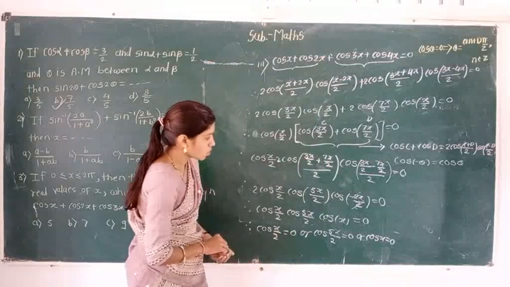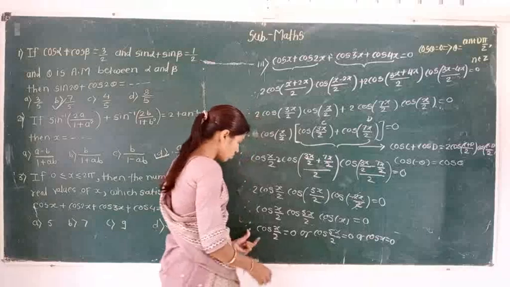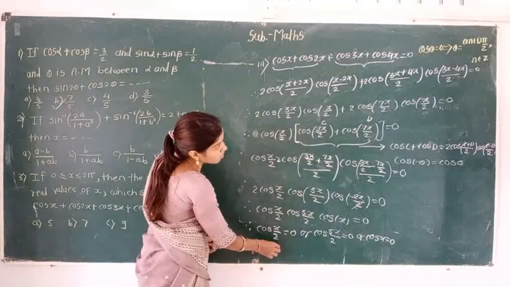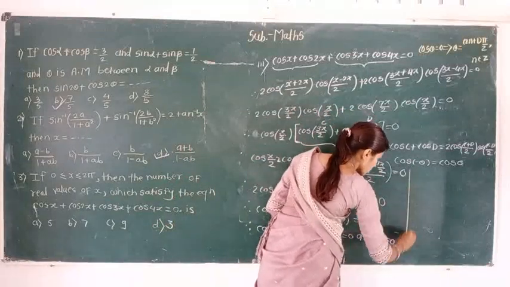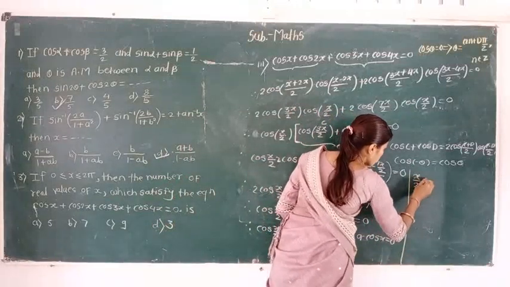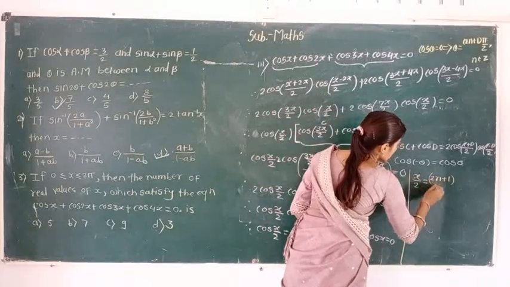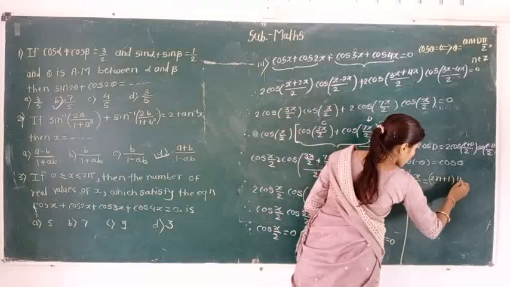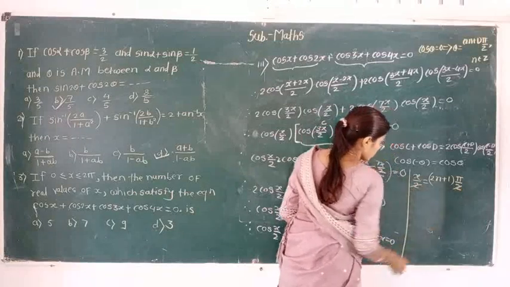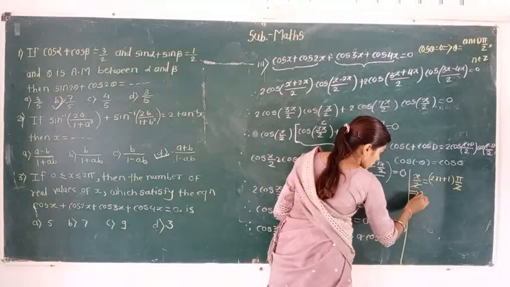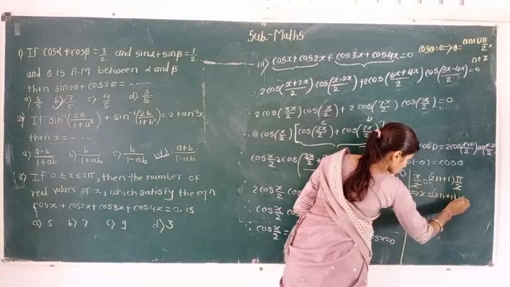In that case, the solution of the first equation, cos(x/2), theta is replaced by x/2. So x/2 = (2n+1)π/2. Now these two terms will get cancelled. We can write x = (2n+1)π.